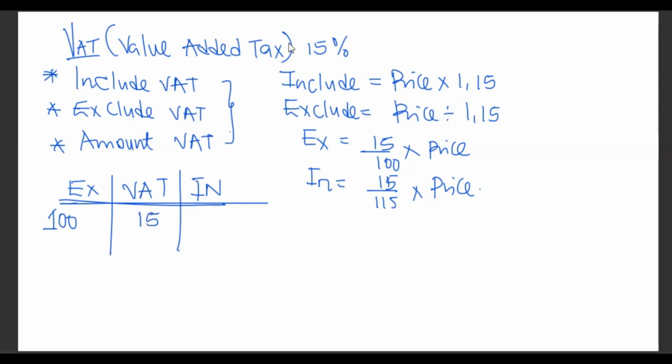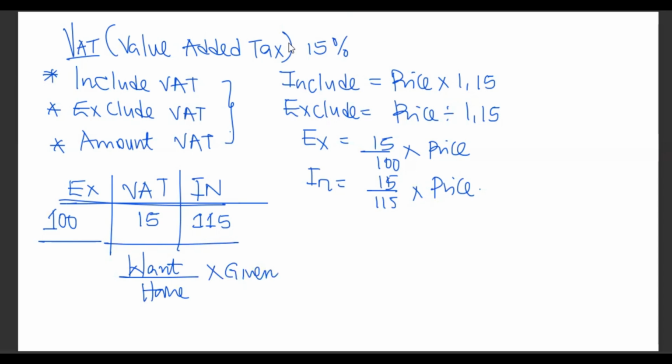Then we add the 15. If we want to include, it will be this much. Then we use a formula: what I want over what I have, times the given price. I will always get my answer.